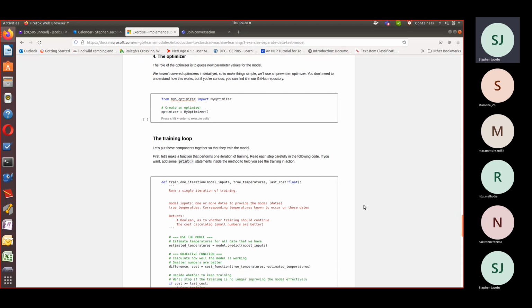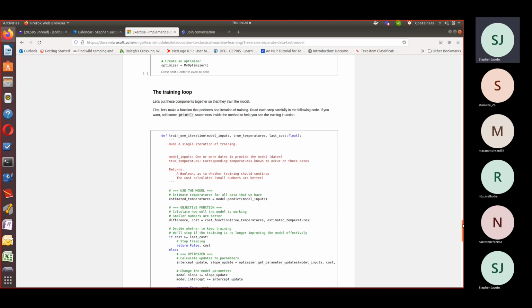But we just know that this optimizer, this is the library there. We're going to import this module, myOptimizer, and then create an instance of that in here. So we have our own version of the optimizer, which is of type myOptimizer, which has particular fields and functions.